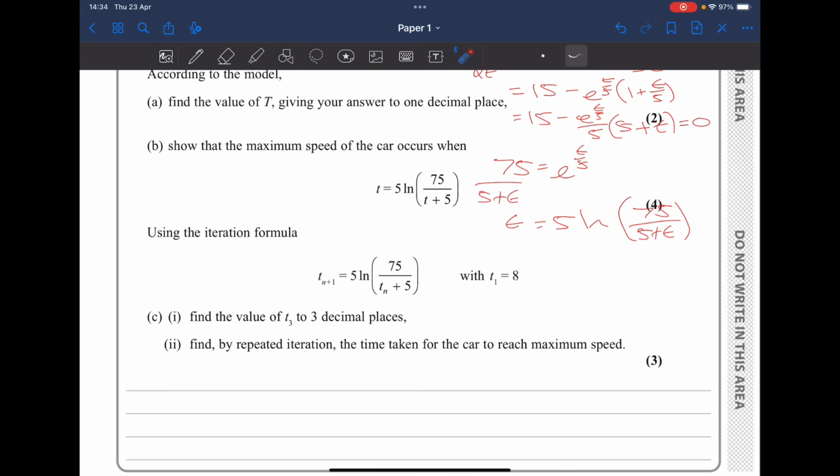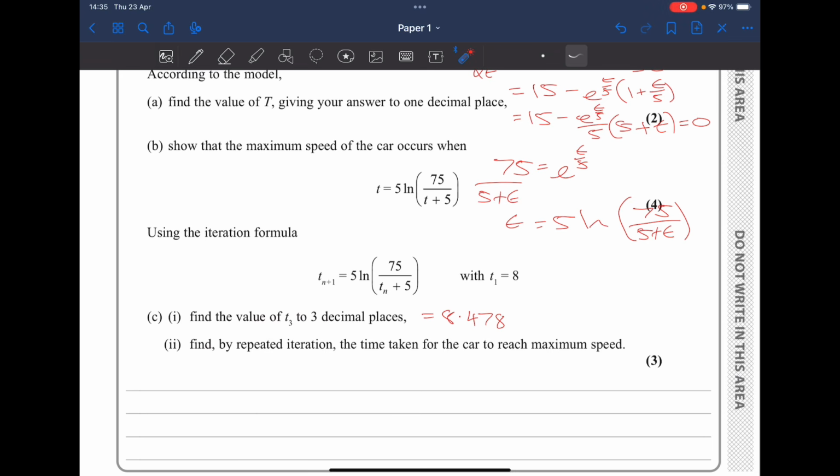Be careful because sometimes the first one is t0. So when we press equals the first time, that will give us the second one, t2. We need to press equals twice to get the third one, which is going to be 8.478.